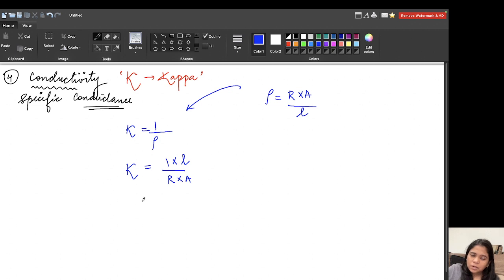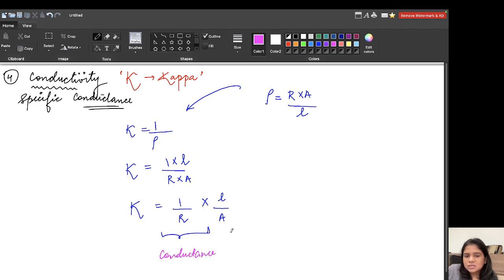That's your kappa. Now if I just want to separate it and write 1 upon R into L upon A, this is your conductance, right? 1 upon R is your conductance. And this L upon A is called the cell constant, because it's constant for a cell, right?